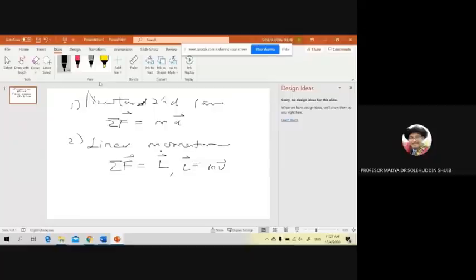So what other concept did we learn? Number 3, you learn about equation of motion of particles.